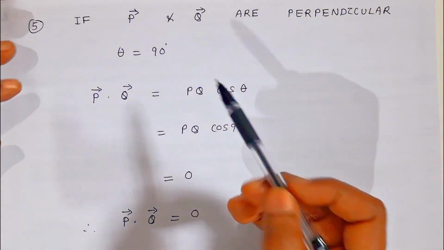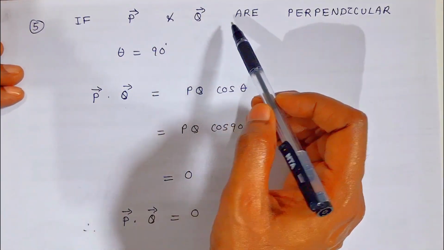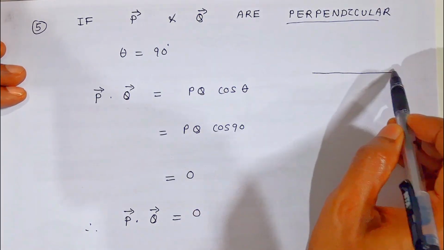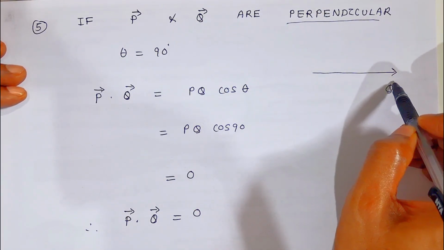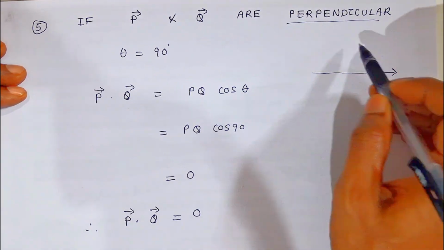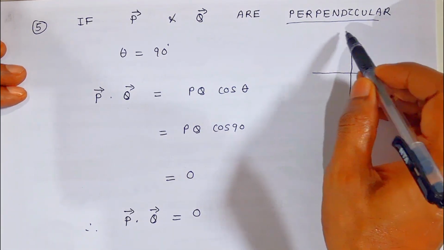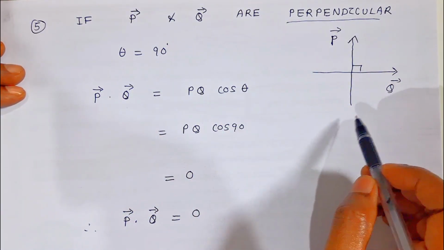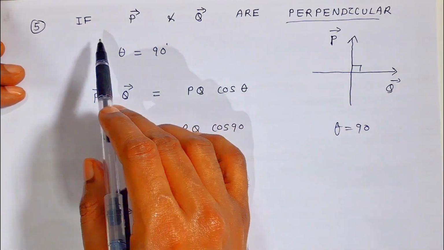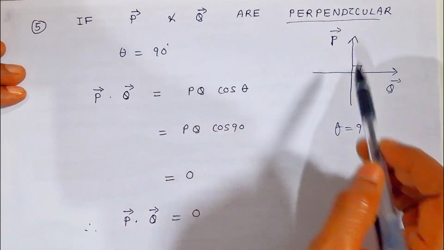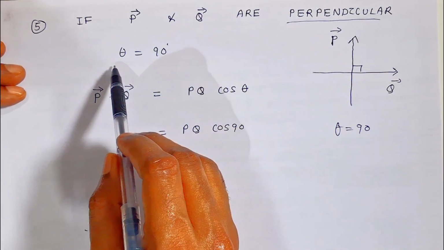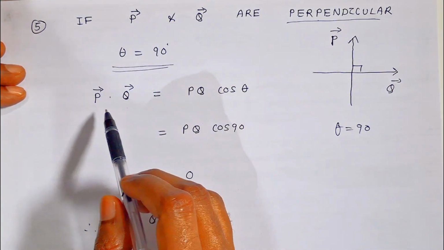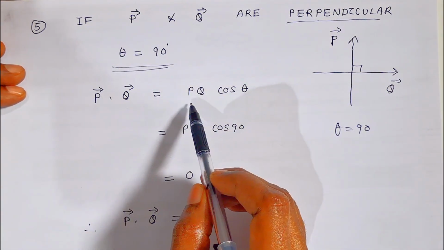The fifth property of vectors that we are going to see is when p bar and q bar are perpendicular. For example, if this is q bar and p bar is perpendicular to it like this, then theta is 90 degrees. So p bar dot q bar equals pq cos theta.